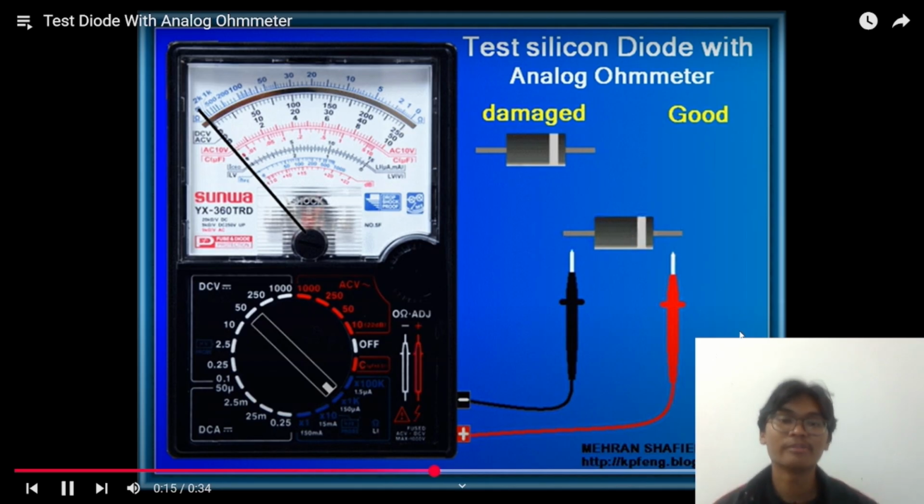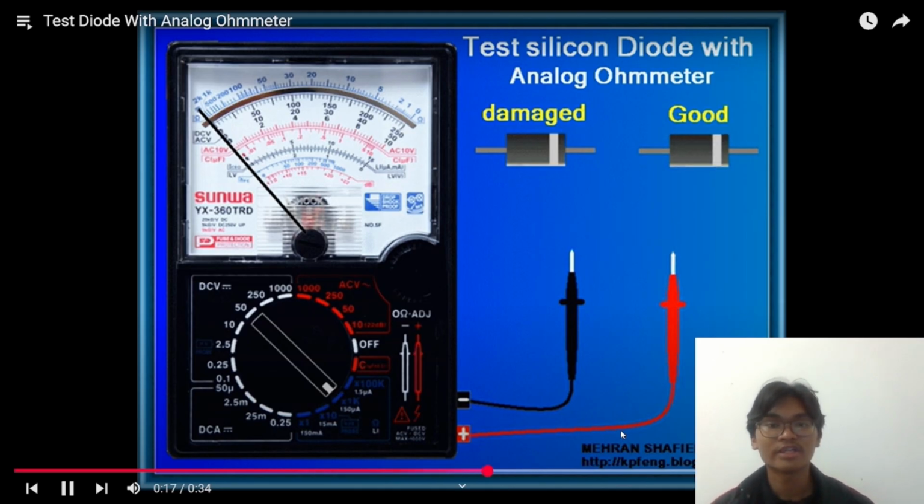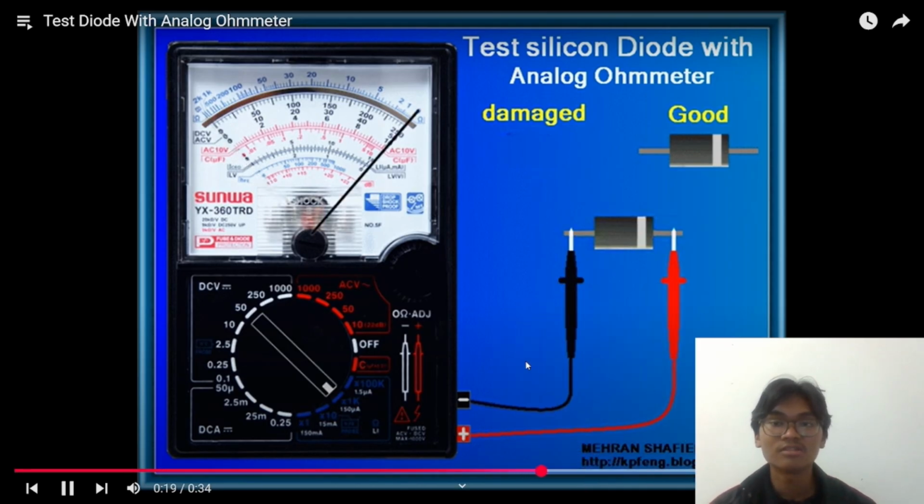Meanwhile, a damaged diode will not have the same result. If you touch the positive multimeter probe to the negative cathode of the diode and the negative multimeter probe to the leg of the positive anode, the multimeter will have a zero reading.